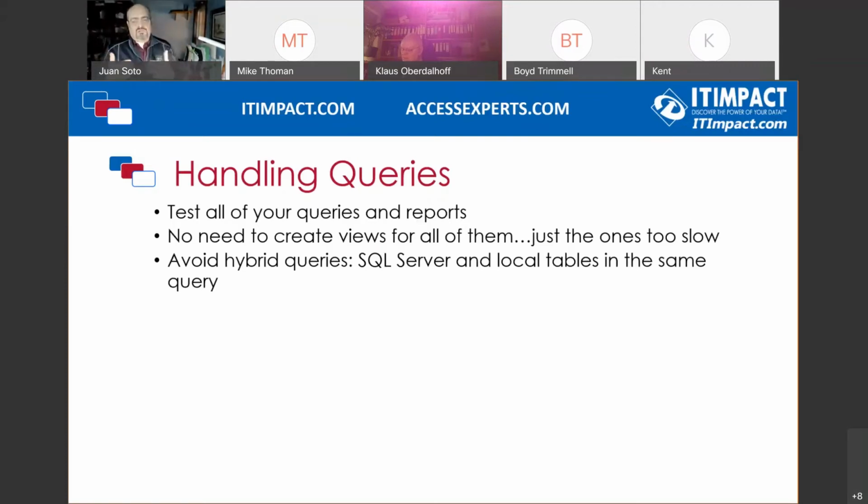Say, for example, one of my developers, not Mark who's on the call, but somebody else, calls me up and says, Juan, this report is running 35 seconds with SQL Server. And I'm like, okay. Have you created the view? No, not yet. Have you created a stored procedure maybe? No, not yet. So let's run it by the customer.